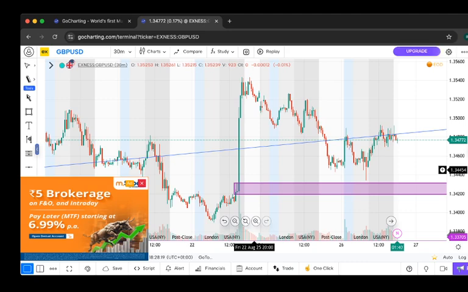When I say confirmation, you look for rejection candles, or engulfing candlestick patterns, or a shift in the market structure. Then you are good to go. So I think with this, you can be able to spot and trade using the supply and demand trading strategy. Very easy.